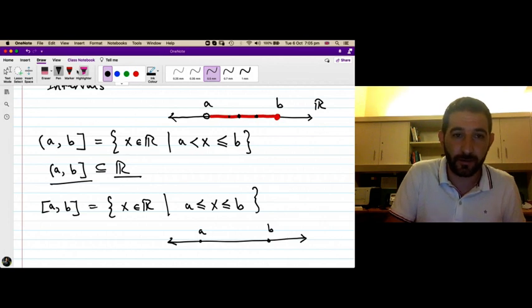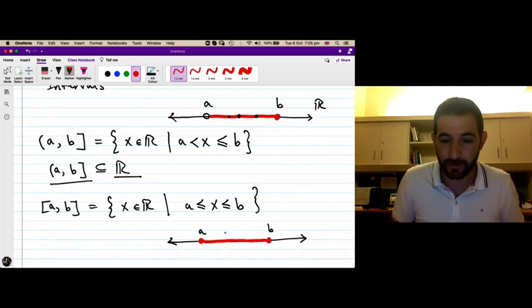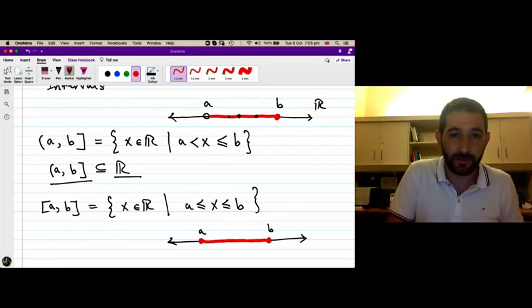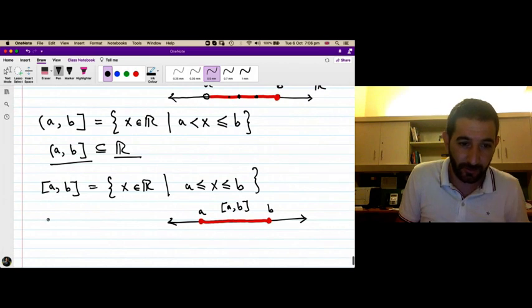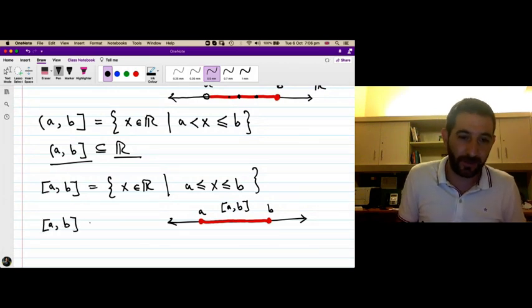We collect all real numbers from A, including A, up to B, including B. All of these numbers, we put them together in one bag, and this one bag is a set. We denote it by [A, B]. Again, you should see that the interval from A to B, including A and B, is a subset of the real numbers.